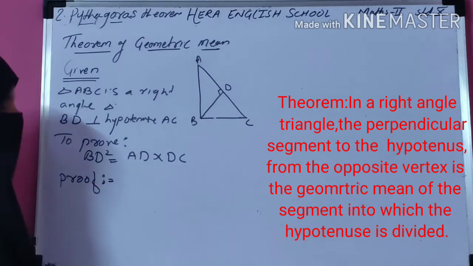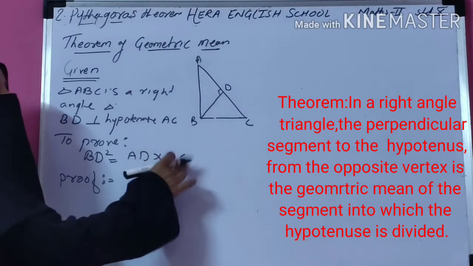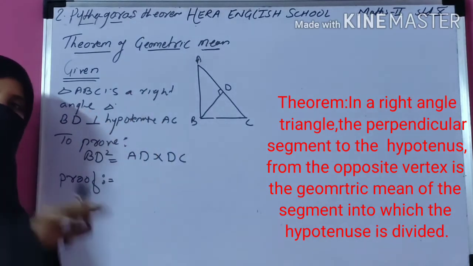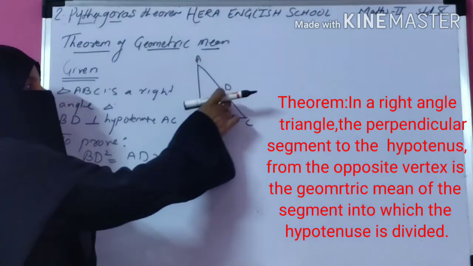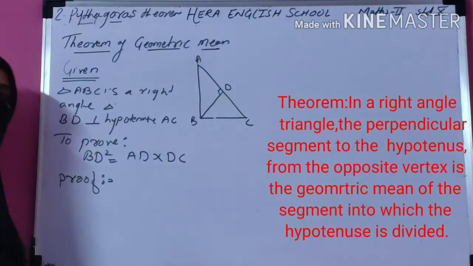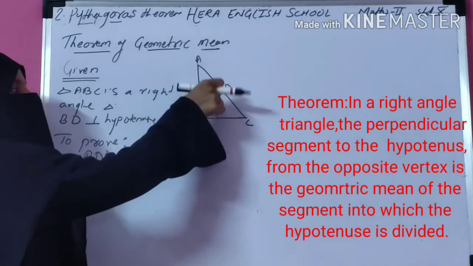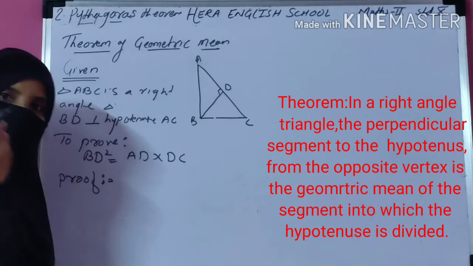Now proof. You have to prove BD square is equal to AD into DC. We have just studied the similarity in a right angle triangle. In a right angle triangle, the perpendicular drawn on the hypotenuse divides the triangle into two triangles, and these two triangles are similar to each other.